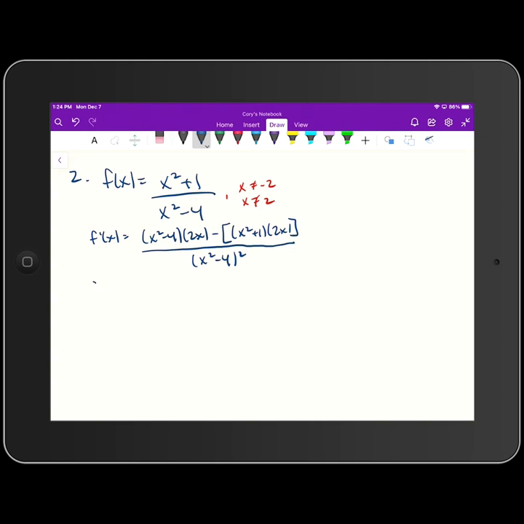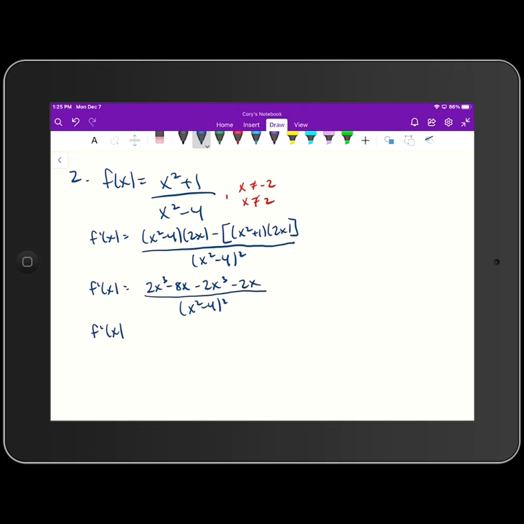So f prime here, when I distribute 2x across both terms in the numerator, we get 2x cubed minus 8x. When I distribute negative 2x across the next two terms, we get negative 2x cubed minus 2x, all over x squared minus 4 quantity squared.